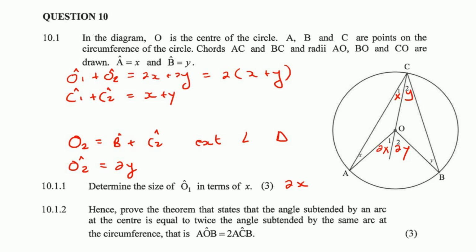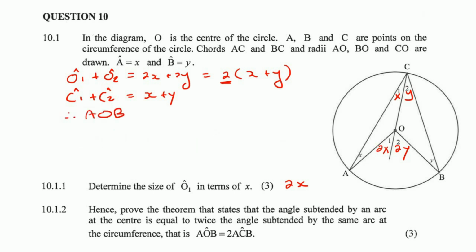So this angle is 2 times (x plus y), but x plus y is also this angle over here. So this angle is 2 times this angle. Therefore, angle AOB is 2 times angle ACB.